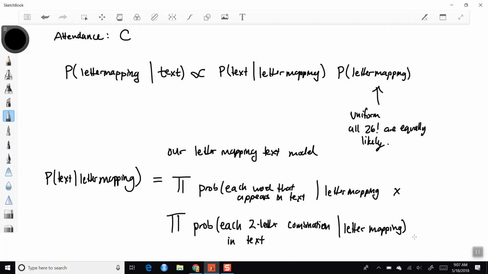And we said when we do this on the computer, instead of dealing with the products because they become really small, we're going to take the logs so that we get negative numbers and do that.